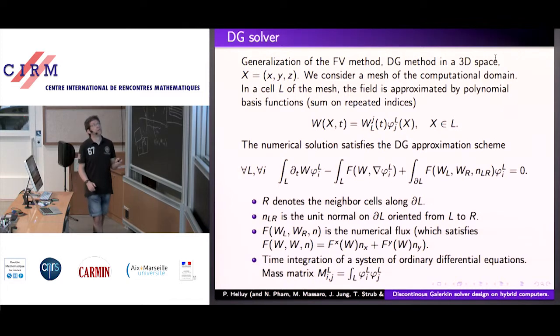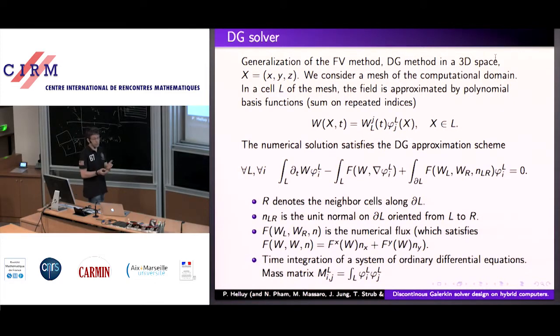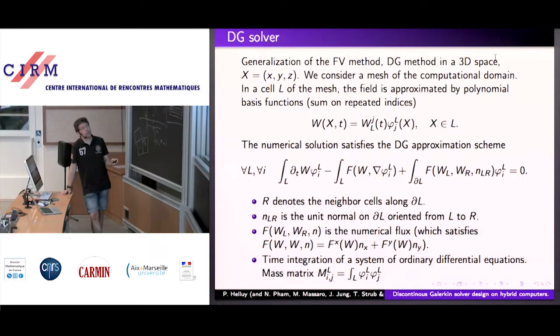And because here there is no reason that you have a continuity between two cells, you need to introduce a numerical flux because on the boundary you have a jump a priori between what is in the cell L and the cell R. So you use a numerical flux, like in the finite volume method, it's the same. And because here you don't have a piecewise constant function, you have to take into account the derivatives of this function, and that's why you have this term here that comes from the integration by parts in the conservation laws.